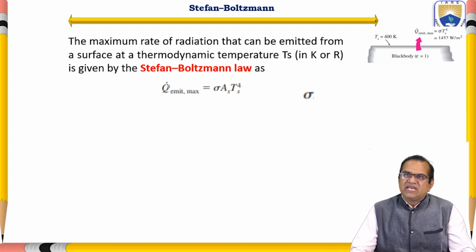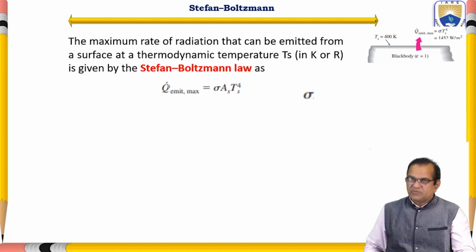So this Q emitted maximum is equal to sigma As Ts to the power 4.